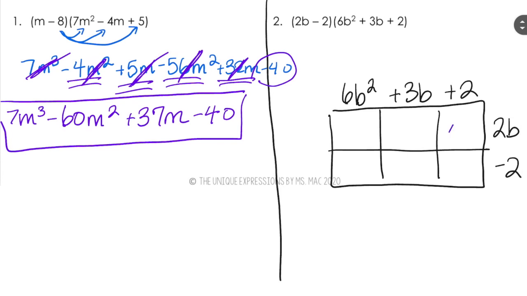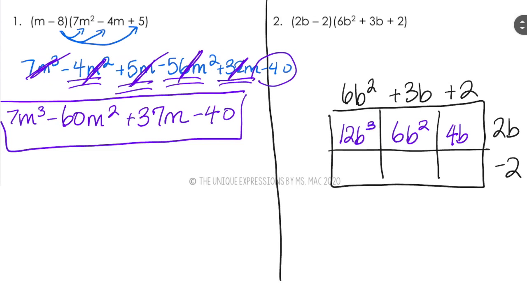All right, so 2 times 2b is 4b. Moving to the left, 3b times 2b is going to be 6b squared. Moving again to the left, 6b squared times 2b is going to be 12b to the third power.